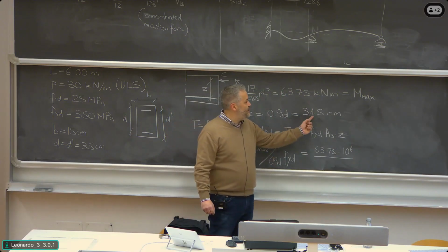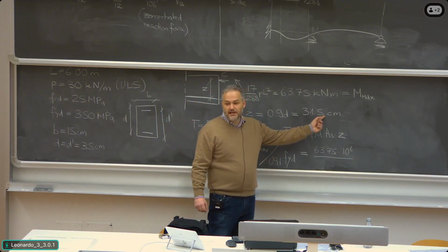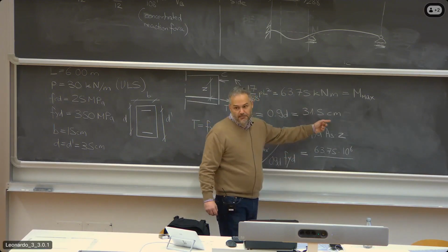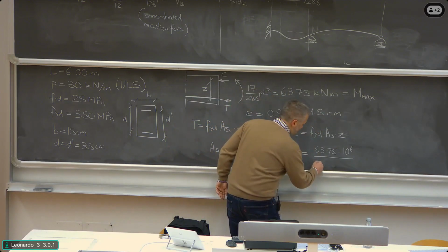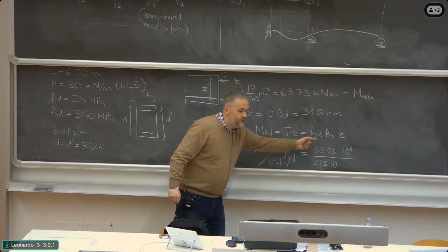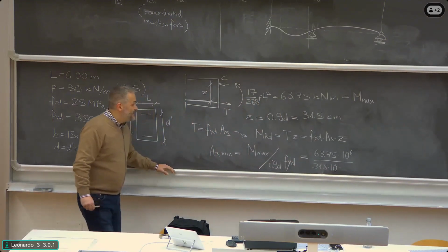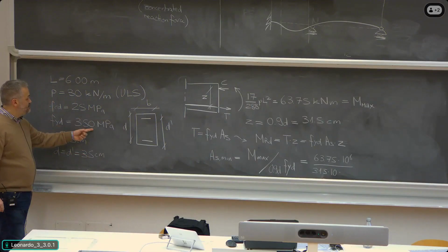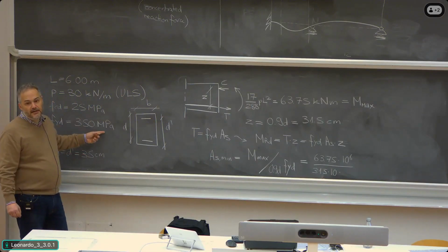0.9d, which is this value, 31.5 centimeters, has to be put in millimeters. So simply multiply it by 10. 31.5 times 10. And then we have the yield strength, which is fyd. It is given in megapascals, but you should remember that megapascals are Newton over square millimeters.